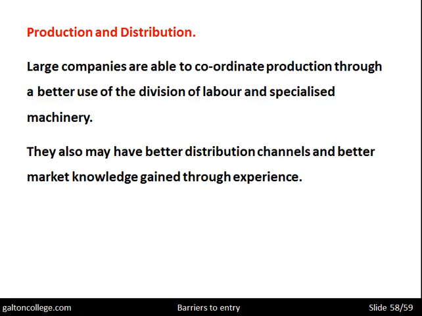So in this video we've talked about various barriers to entry, and mostly from the perspective of a small company starting up and trying to get a foothold in the market. Some of the discussion went on to talk about more general situations with barriers to entry.